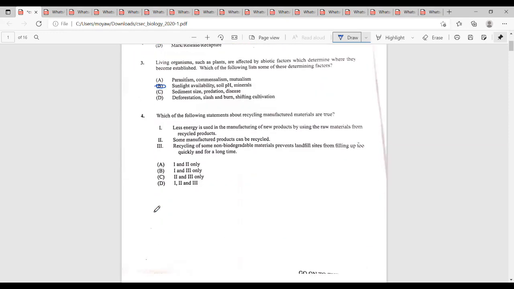Question 4. Which of the following statements about recycling manufactured materials are true? So we have 1, less energy is used in the manufacturing of new products by using the raw materials from recycled products. 2, some manufactured products can be recycled. 3, recycling of some non-biodegradable materials prevents landfill sites from filling up too quickly for a long time.